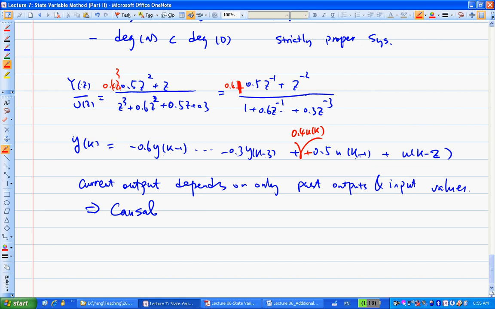The output has an immediate response to the input. But without this term here, when you give me the input, there's always a 1-step delay in the system output corresponding to the input. You see the difference here, right?